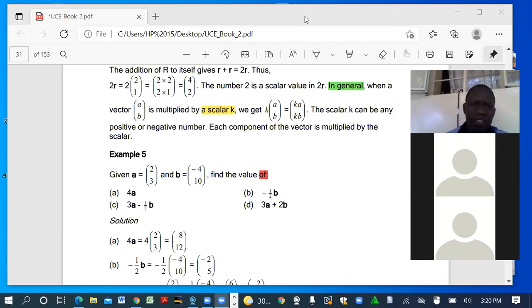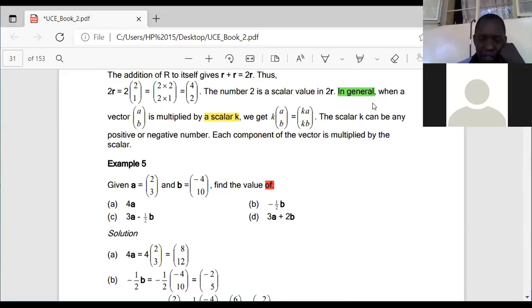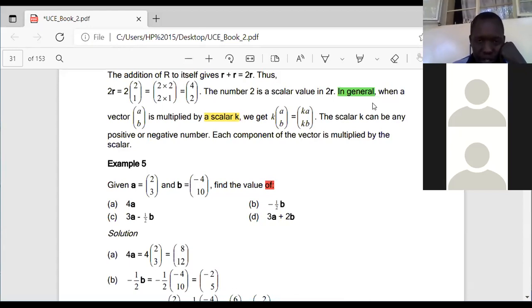Are you seeing it or you can't see it? No. Okay, you can't see it. Okay, no problem. If you can't share, then it's okay. Some other day I will first send you a tutorial about it. If you don't know how to use Zoom, you can go to YouTube and check how to use Zoom. There are good videos there that can teach you how to use Zoom very well.